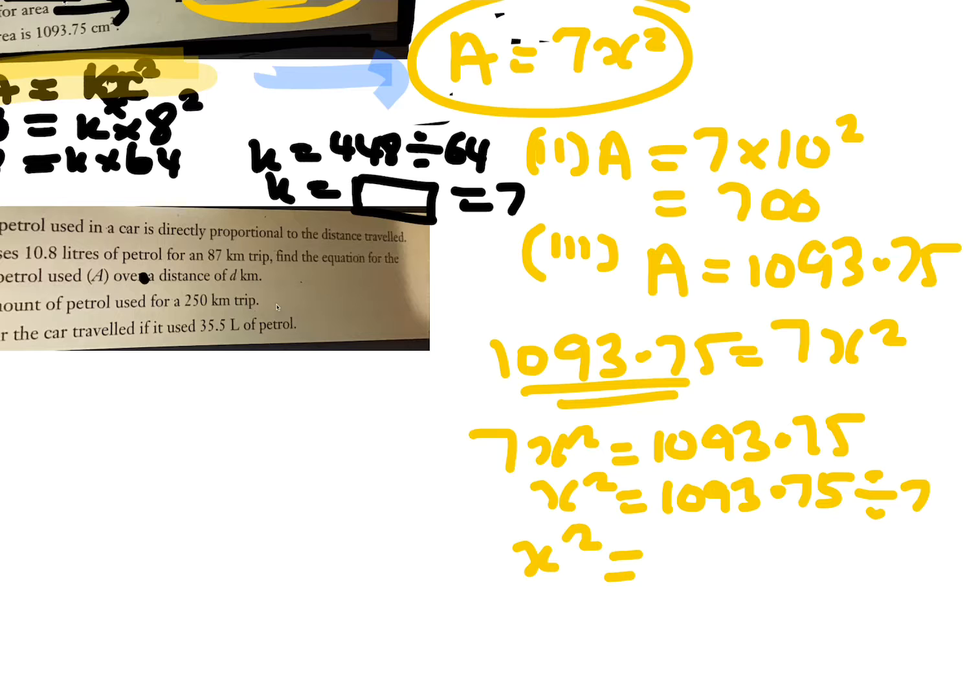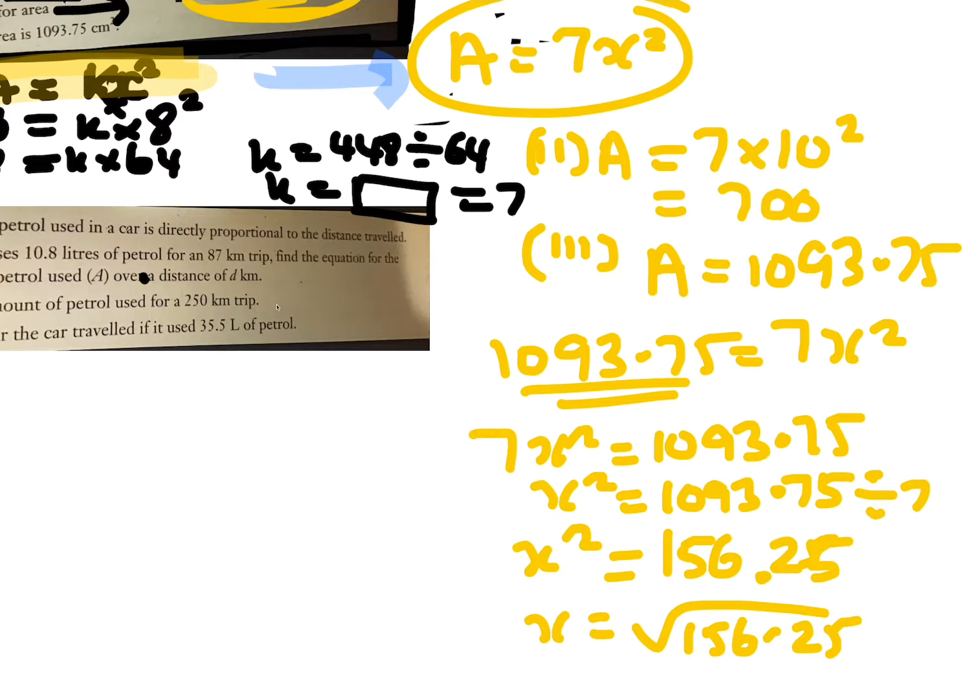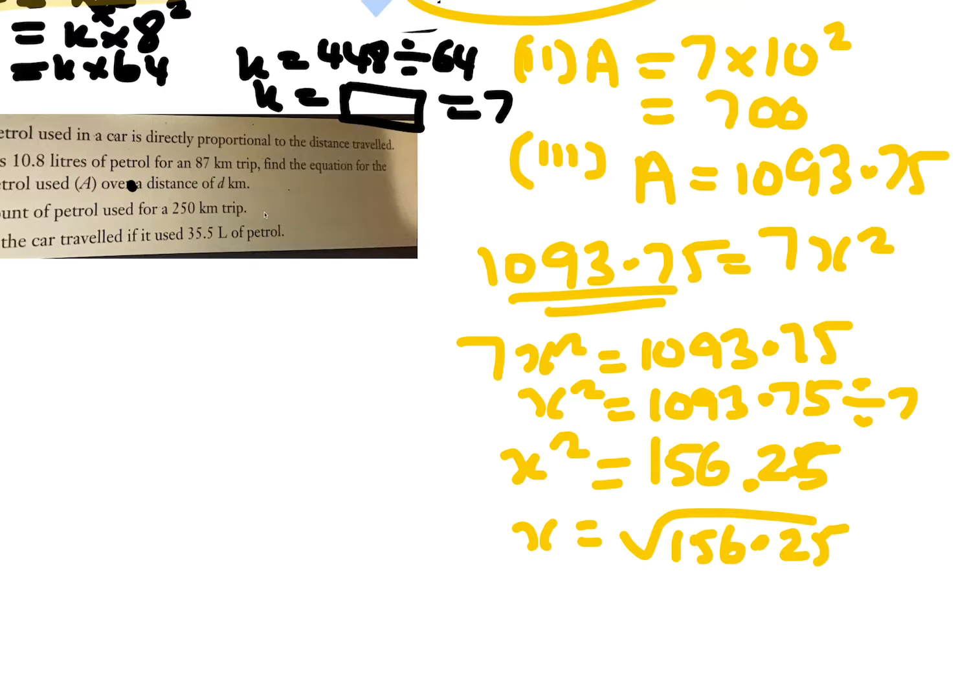You figure that out, and you get 156.25. So x equals the square root of 156.25, which equals 12.5. That's what x is.